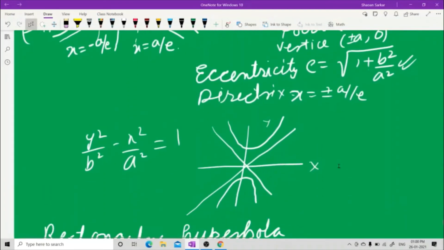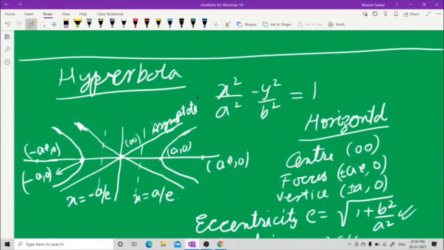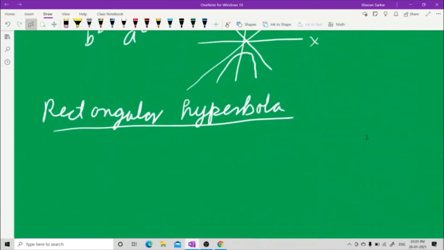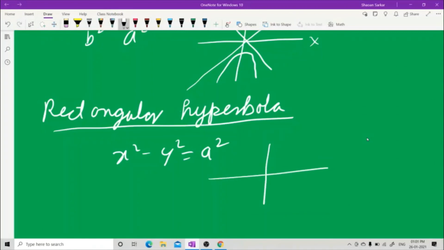You can see here there is x square by a square and y square by b square. Both a and b will become the same. Here, x square minus y square equal to a square, and the figure is somewhat like this. These are your asymptotes.